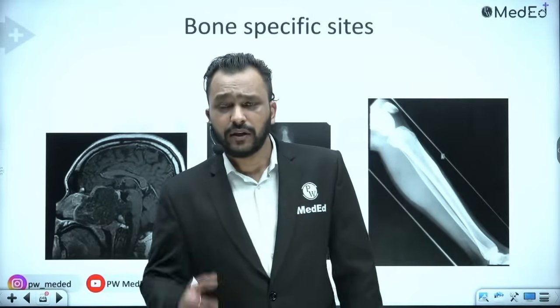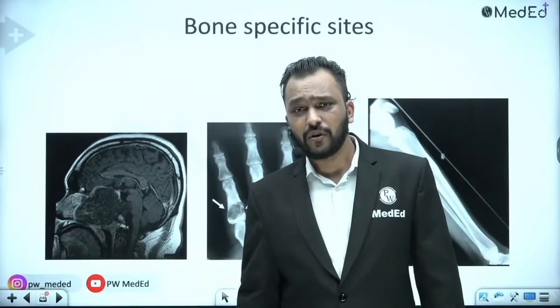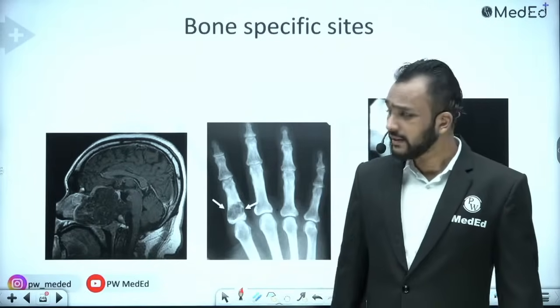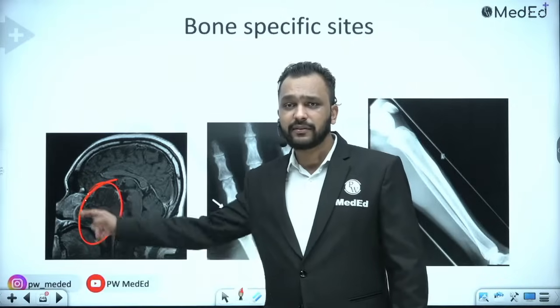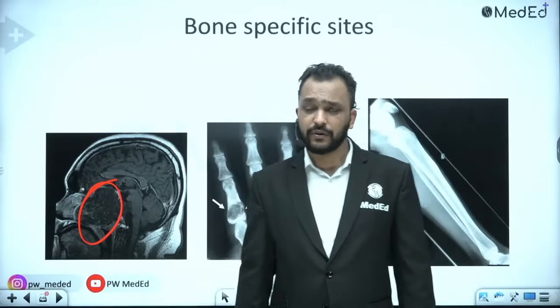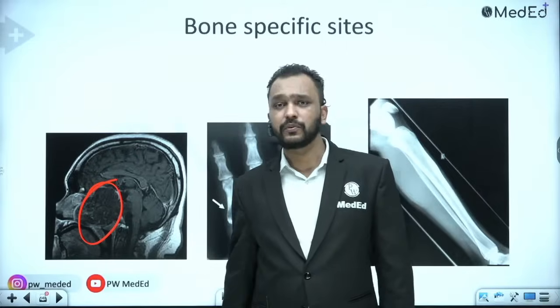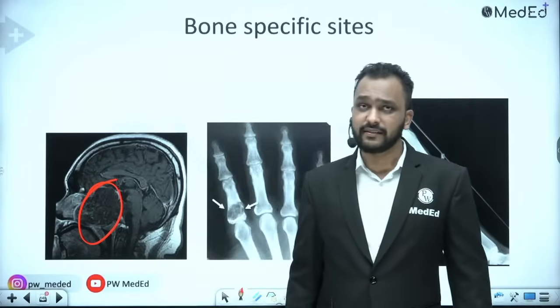Okay. So you can also identify tumors based on their specific locations, right? If a lesion is located in the clivus, you can say that it can be a case of chordoma. Chordoma is present in the clivus and the sacrum part of the bone, and you can see physaliferous cells.